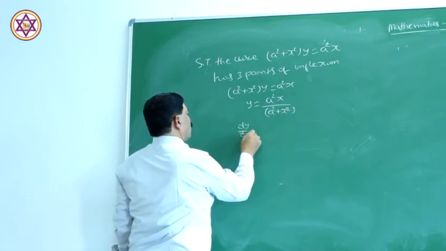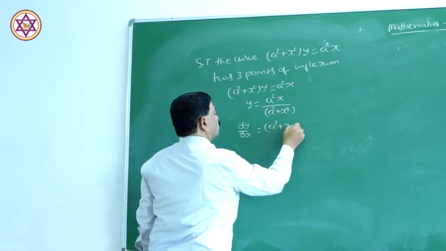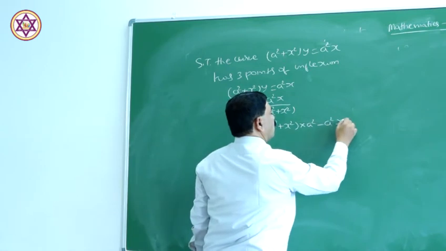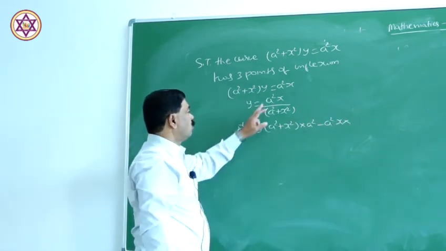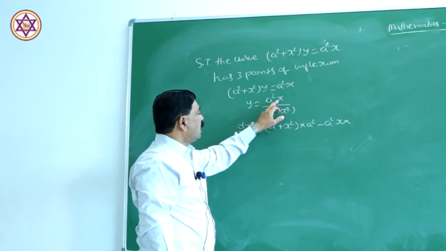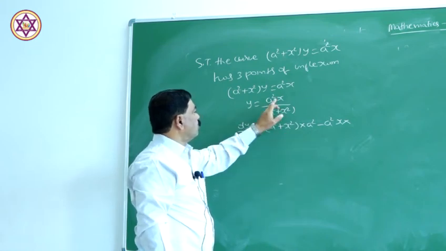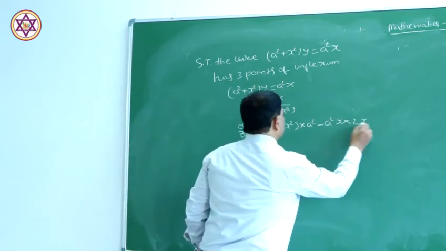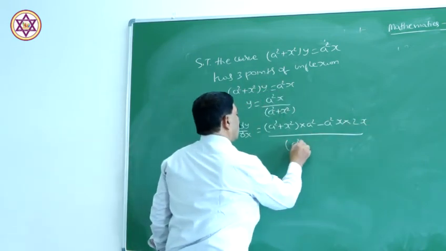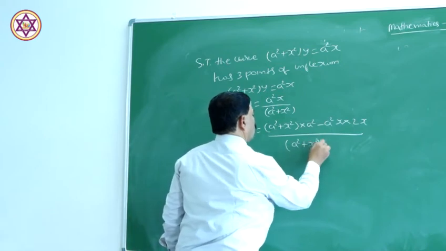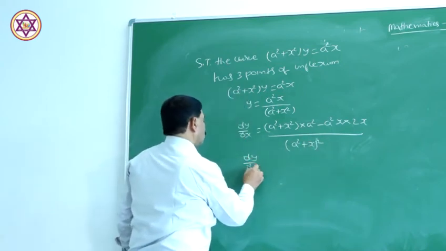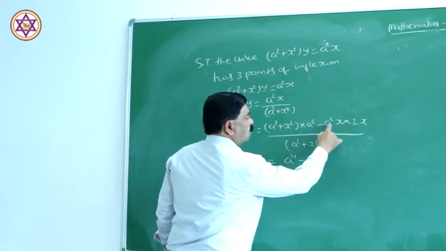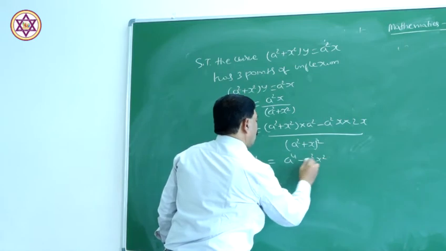So dy by dx is a square plus x squared into a squared x derivative 1, minus numerator a squared x into derivative of denominator 2x, divided by a square plus x square whole square. So dy by dx is equal to a to the power of 4 minus a squared x squared, here 2a squared x squared means a square x square.